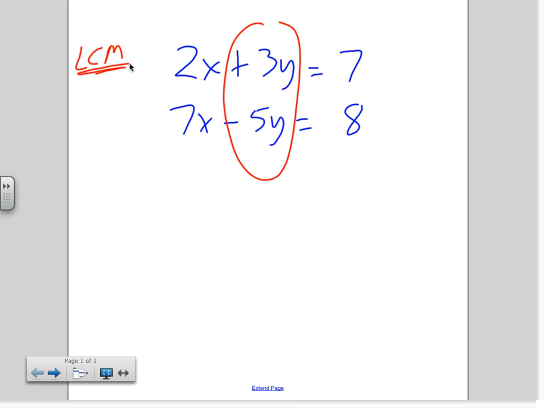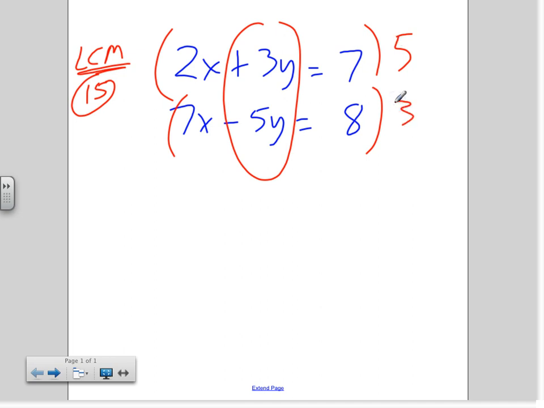If you cannot have the LCM, you can't get rid of that column yet. So what is the LCM for 3 and 5? Notice I ignored the sign completely right now. 15. So I know that my LCM is 15. That's my target number. How do I make the top 15? Times it by 5. Okay. How do I make the bottom 15? Notice that this is not 15 yet. Times it by 3.